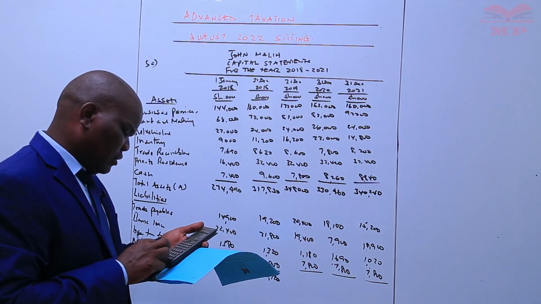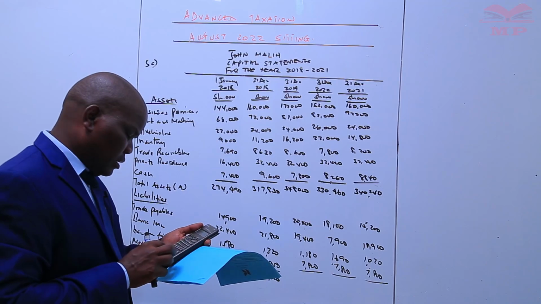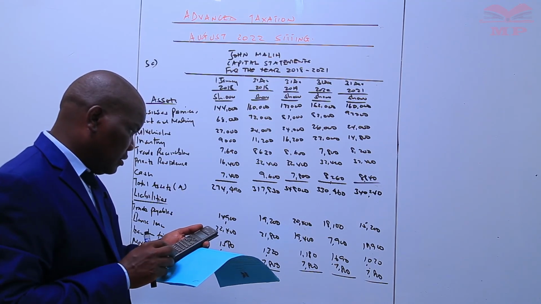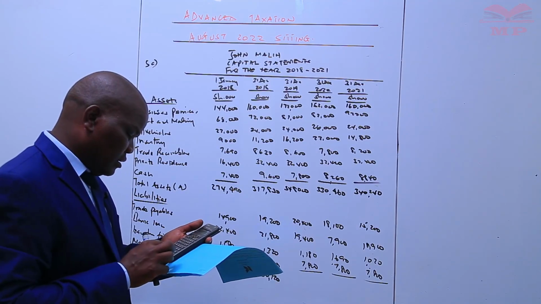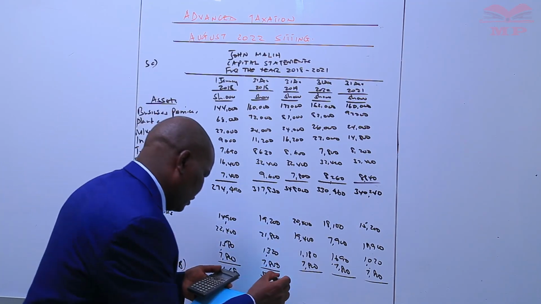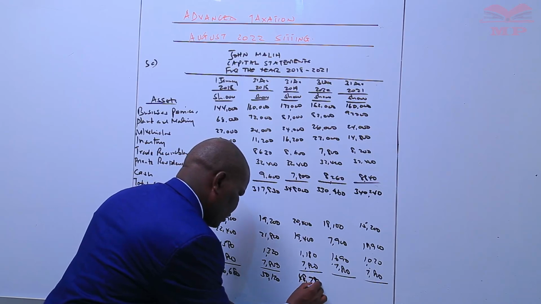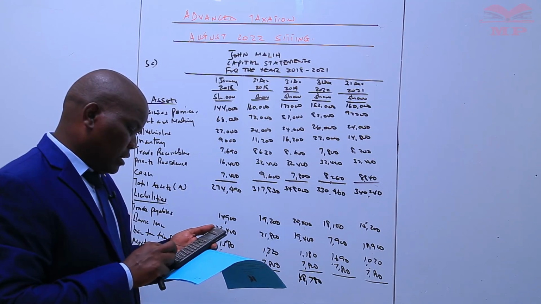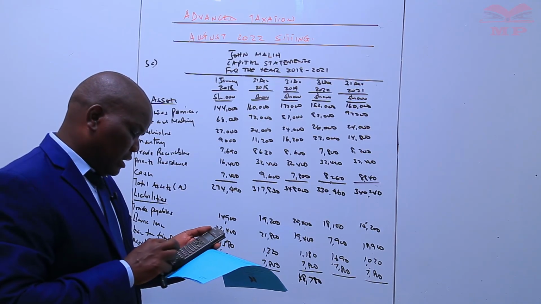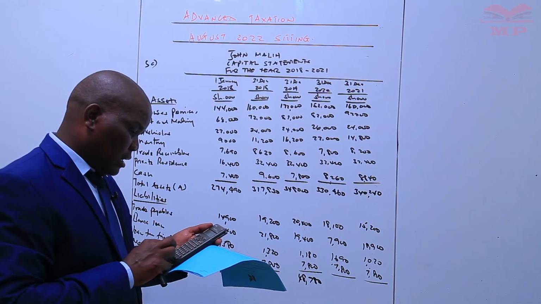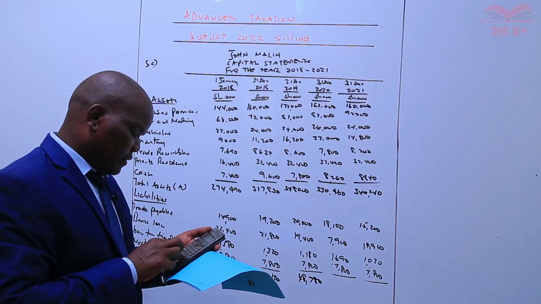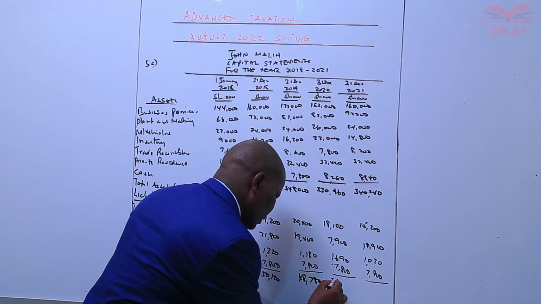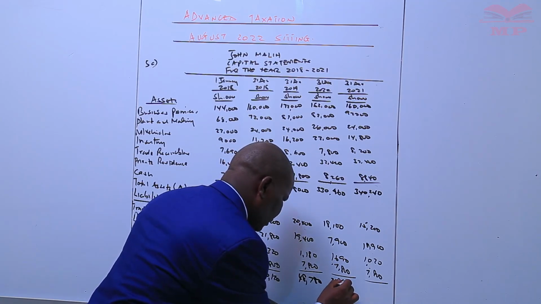Next, 20,400, 19,400, 1180, and 7,800. I get 48,780. Next, 18,100, 7,900, 1690, and 7,800. I get 35,490.